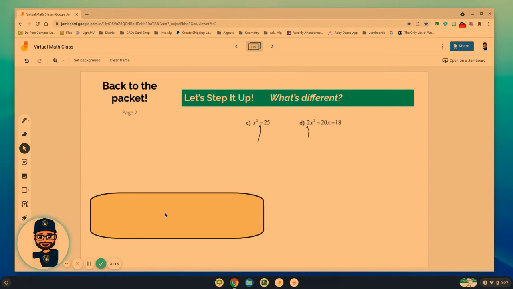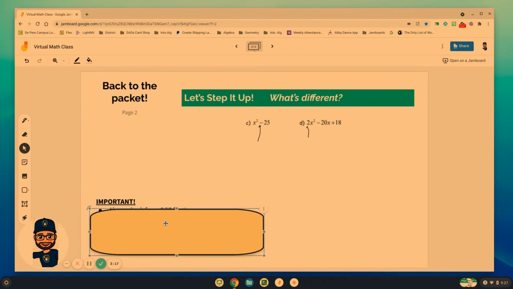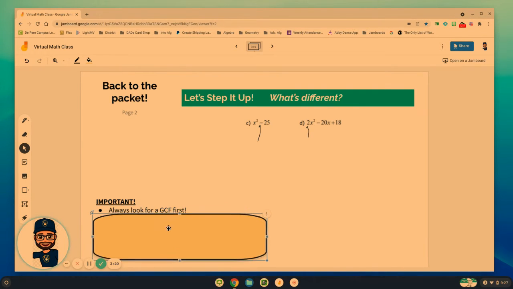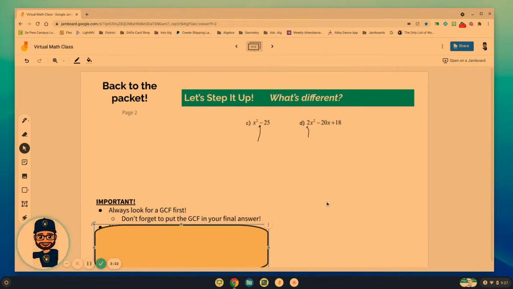So there's a couple of things to pay attention to on these. Some important notes. First and foremost, we should always be looking for a GCF. We want to see if there's some number that will go into all of these. If we take a look at letter D, I have a GCF in this case of 2.